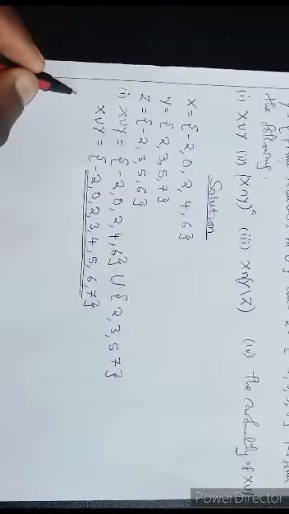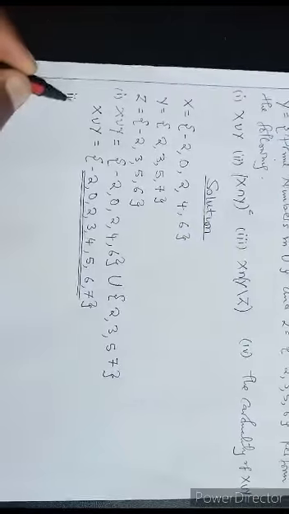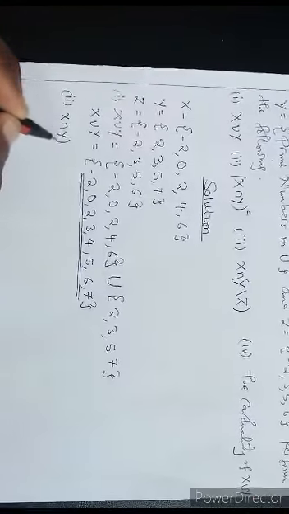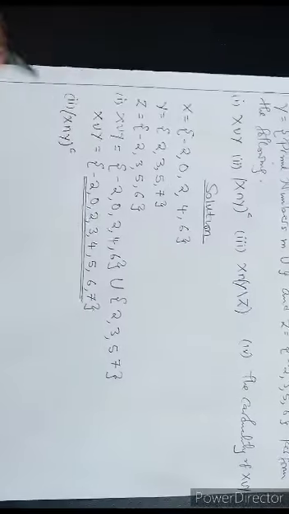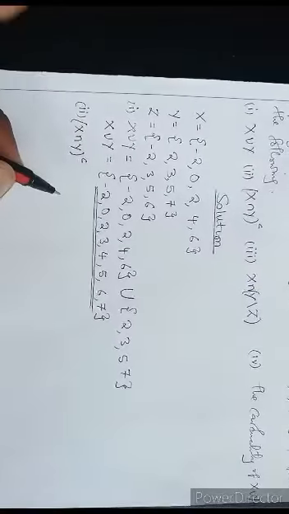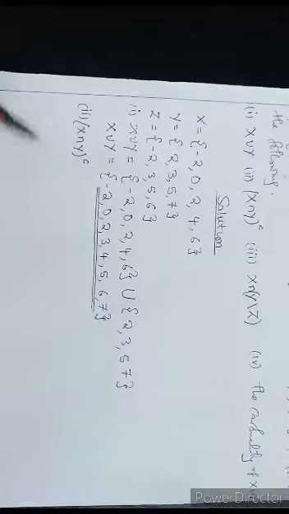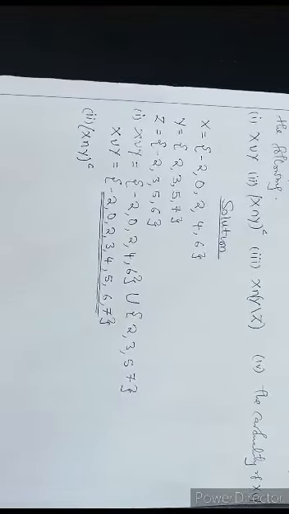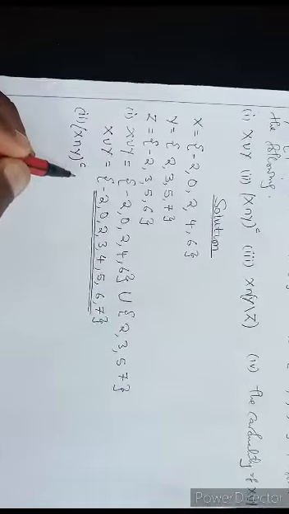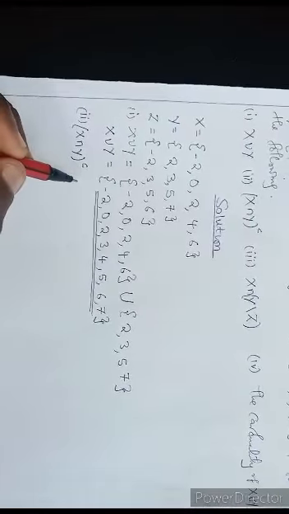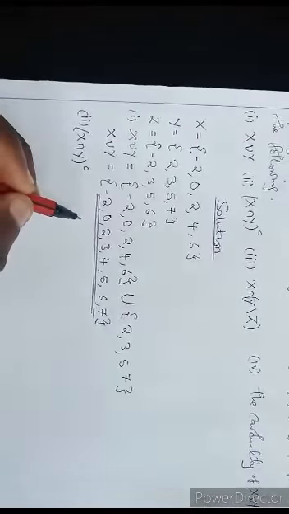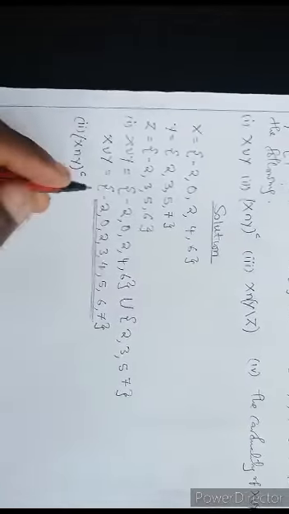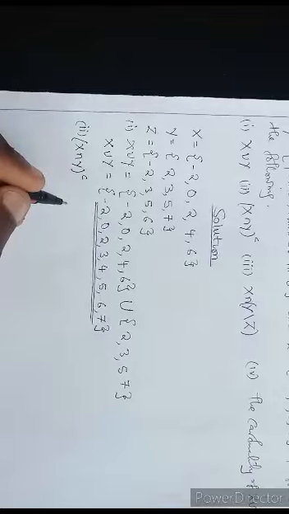So we go on to the second question, which is X intersection Y complement. There are two ways which we can use to answer this question. The first way is finding X intersection Y and then removing those elements in X intersection Y from the universal.